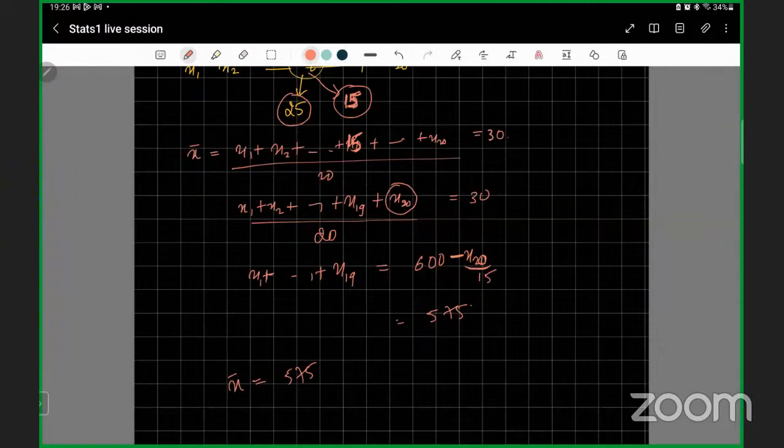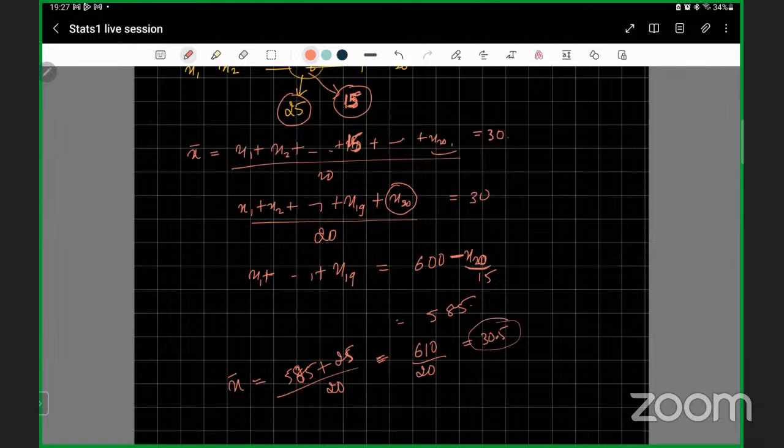So this will be 585, and now your x bar will turn out to be 585 plus this x20 that was actually 25, divided by 20. So this is 610 by 20, which comes out to be 30.5.